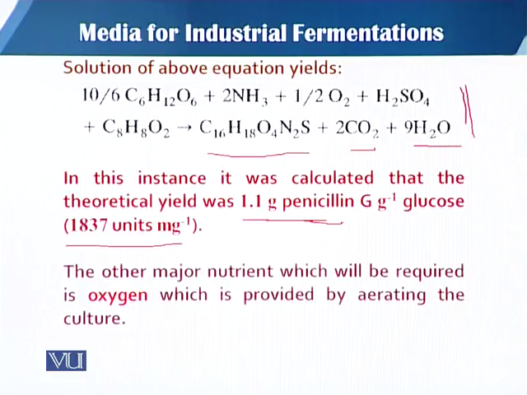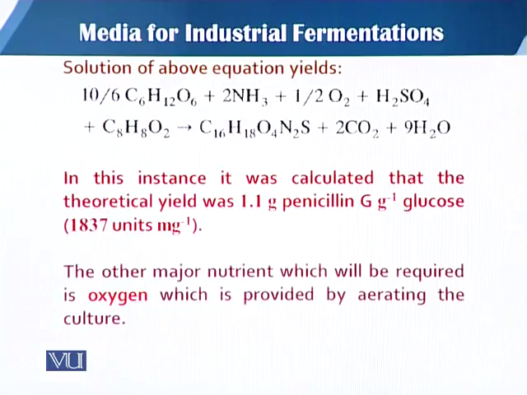The other major nutrient required is oxygen, which is provided just by aeration of the culture. You can see that the major inputs in this production are glucose and then oxygen. As mentioned in this slide, oxygen need is mostly fulfilled by proper aeration and agitation in the culture.